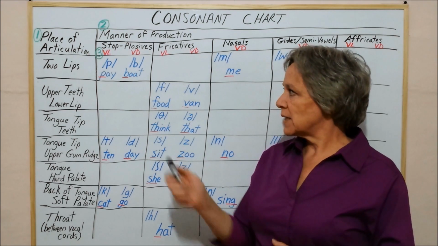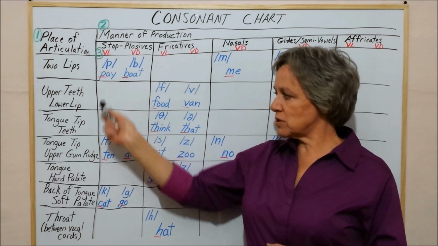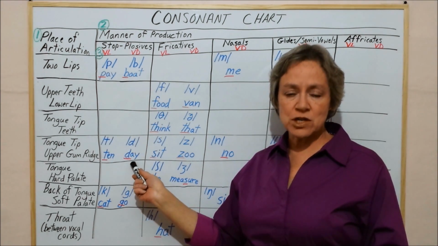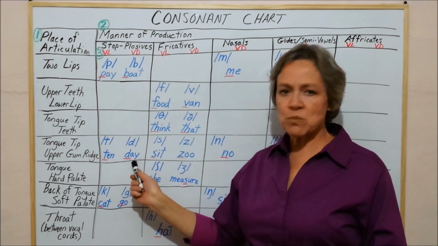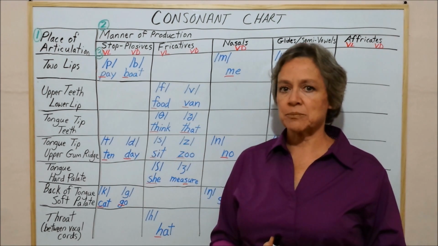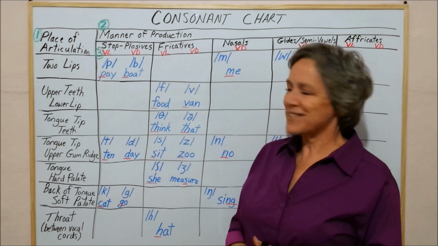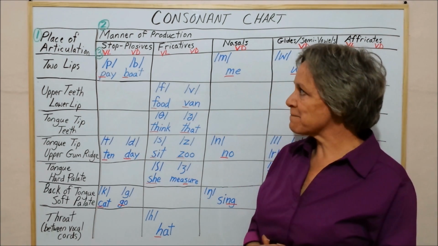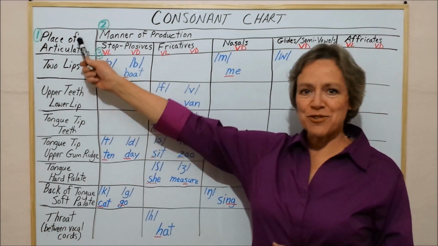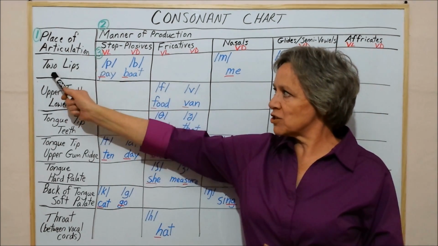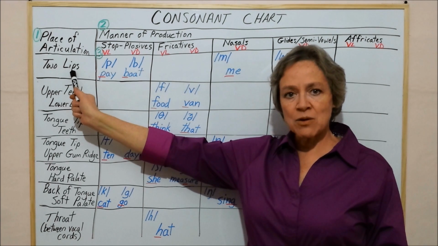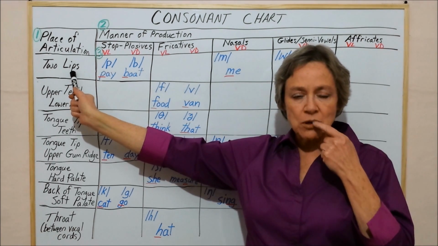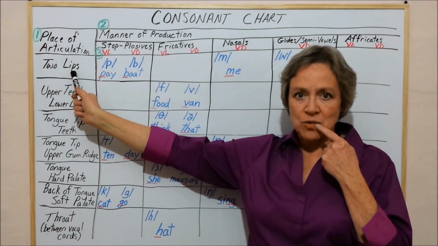I've also given you some keywords, a keyword for each sound, and these are the same words that I used previously. So, let's take a look at this consonant chart. Okay, first of all, if we start over here, place of articulation, 2 lips. So some sounds require us to use our 2 lips to make the sound.